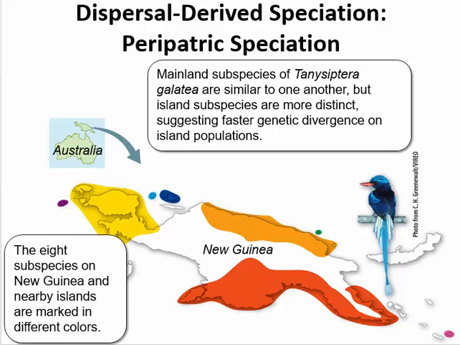And this is still allopatric speciation, but we have this collection of bird species in New Guinea, and we have these distinct populations as shown highlighted here. Some are on islands, some are on the mainland, but separated by geographic distance. And this is a result of dispersal of these birds from one place to another and then subsequent speciation.